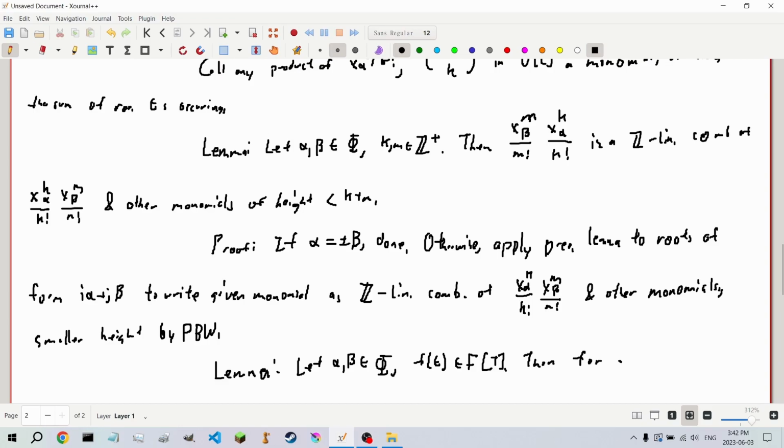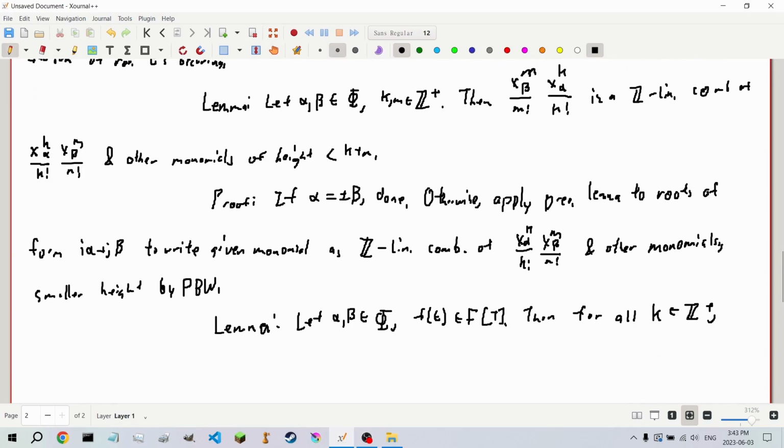Then for all positive integers k, X alpha to the k times f of h beta is f of h beta minus k times alpha of h beta, times X alpha to the k.